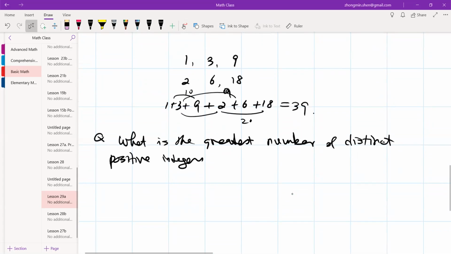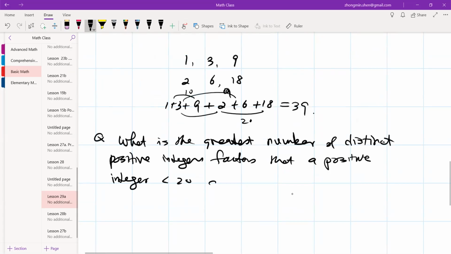All right, so what is the greatest number of distinct integer factors that a positive integer less than 20 can have?